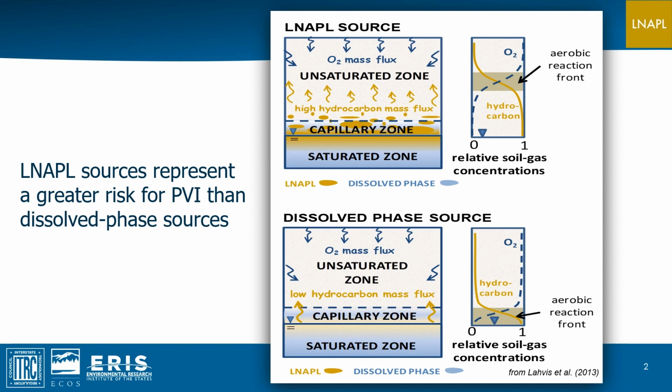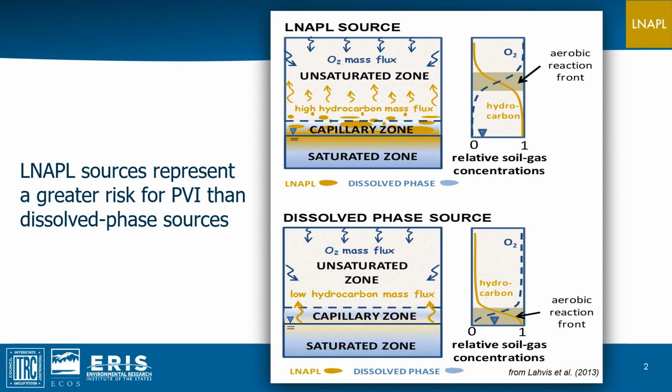will vary significantly depending on whether the vapor emanates from an LNAPL source or a dissolved phase source. LNAPL sources will generally represent a greater risk for vapor intrusion than dissolved phase sources because A, LNAPL sources will generate higher source vapor concentrations as a result of direct partitioning of chemicals from the LNAPL to the vapor phase, and B, because LNAPL sources typically generate more upward migration or mass flux of hydrocarbon vapors.